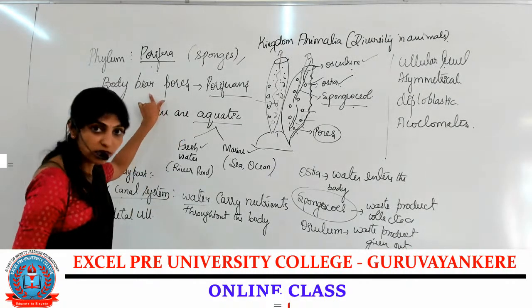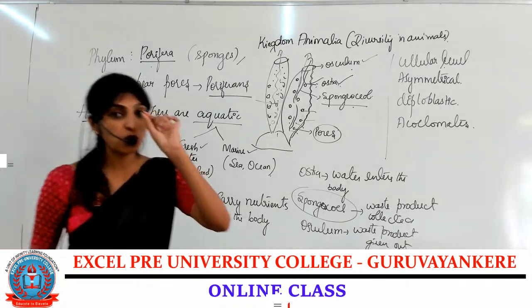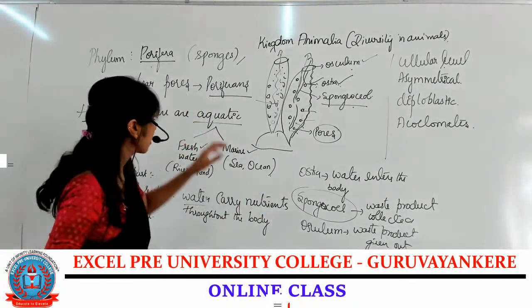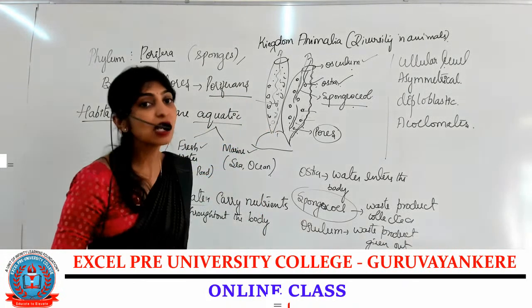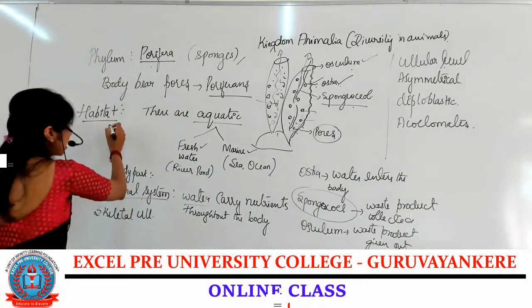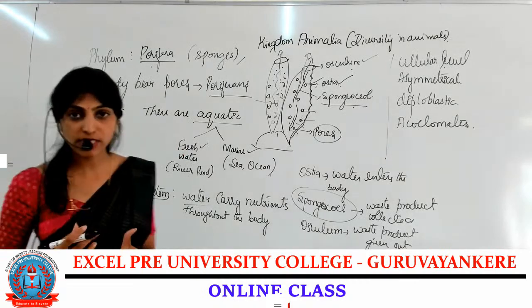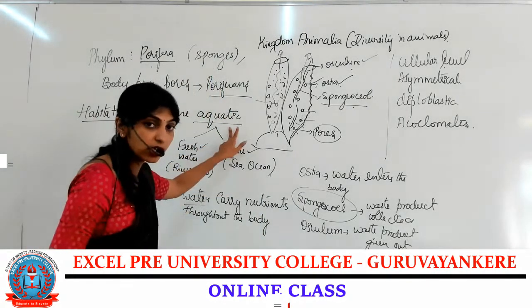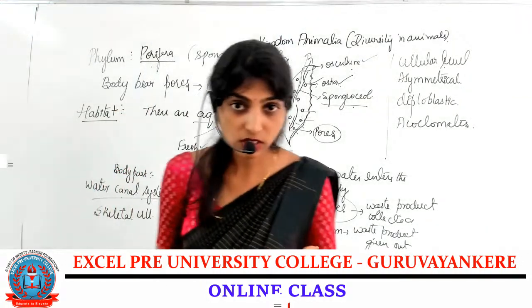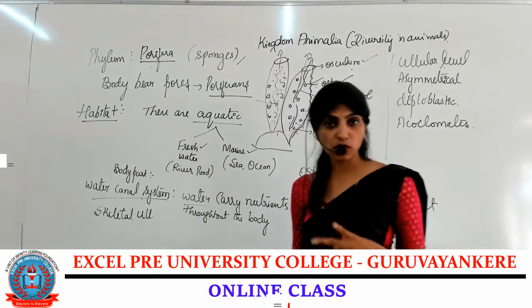Since the body of the organism bears smaller openings or pores, they are called poriferans. Their habitat. What is the meaning of habitat? That means where do they live? Here they are aquatic. That means they live in water. And there are two types of water bodies.